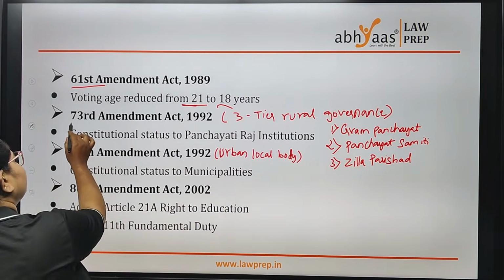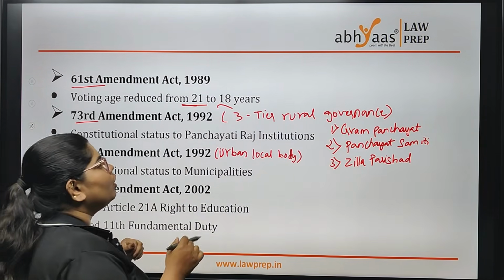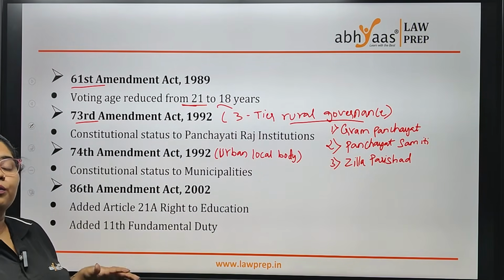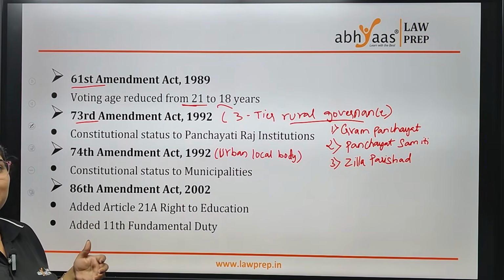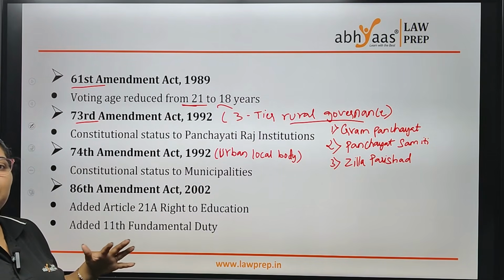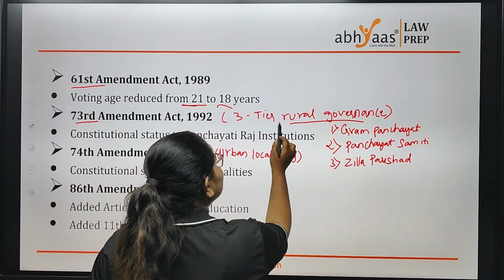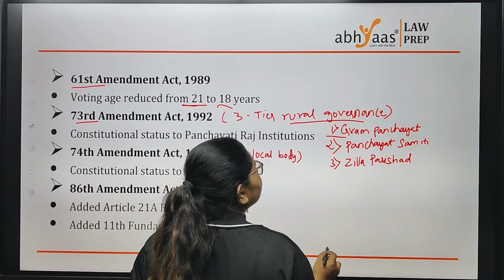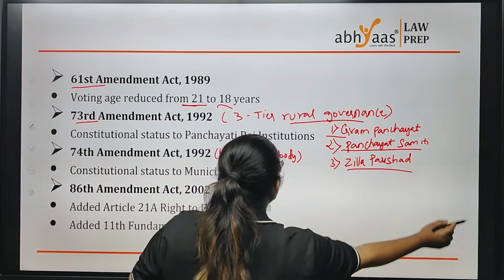Next comes your 73rd amendment, which is more focused on your rural governance, in a sense rural self-government. There will be no influence of the state government, but locally, rurally, people will govern themselves. Here they have introduced 3-tier rural governance, where you'll have your Gram Panchayat, your Panchayat Samiti, and your Zilla Parishad.